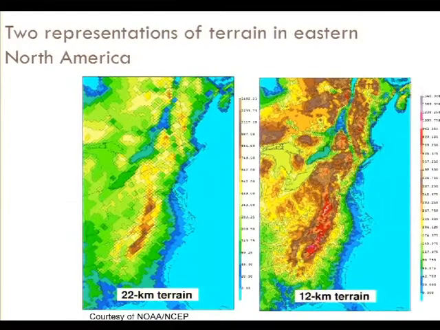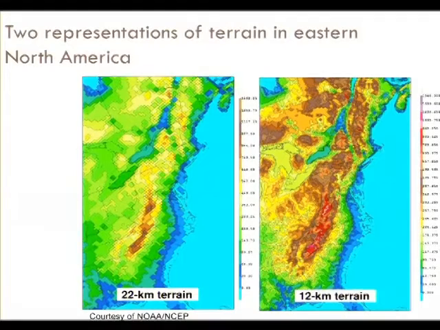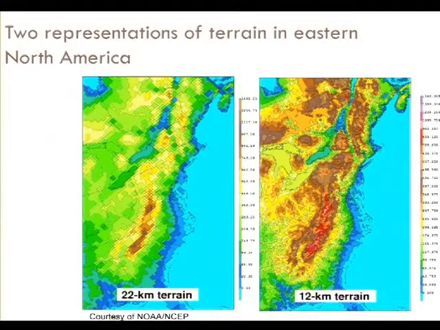And when we're talking about forecasting, mountains are a big deal. If we're missing the fact that there's a giant mountain somewhere, the weather is going to completely change. We're going to have different winds, different temperatures. There are all sorts of other effects that happen just by having a mountain in a location and the model seeing that there's a mountain. So the distance between points is really important.